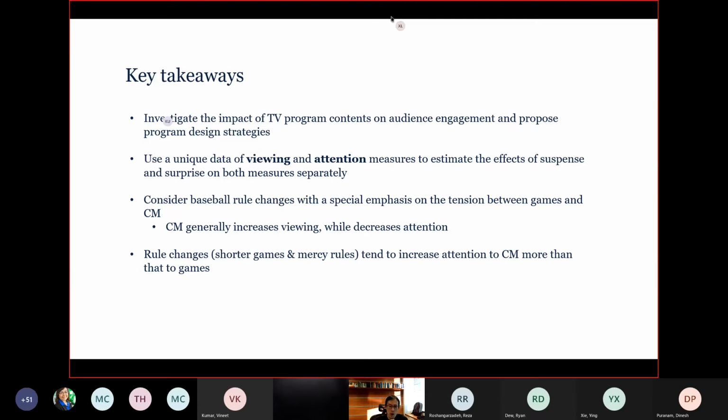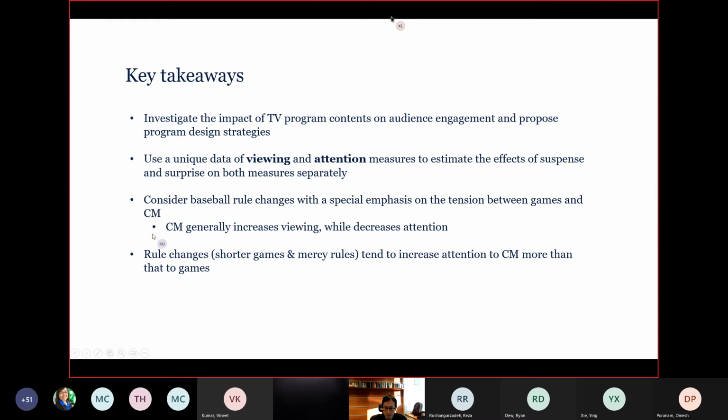One particular finding I think is interesting is that commercials generally increase viewing, but decrease attention. So as long as the advertisers are pricing in terms of viewing, maybe they are paying much more than viewers are actually paying attention. They're probably overpaying for the commercials.